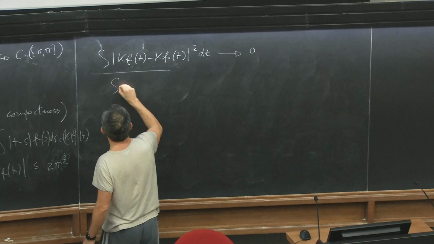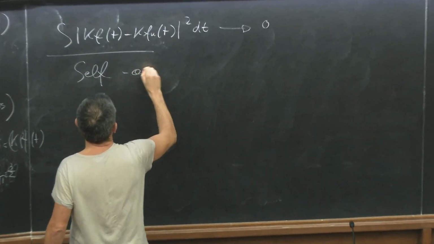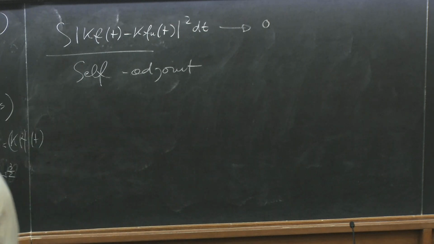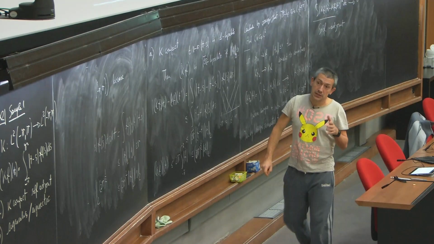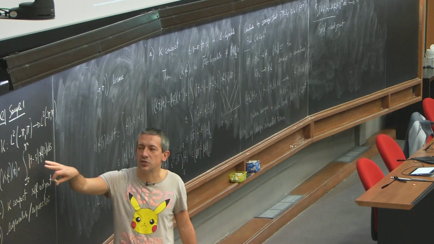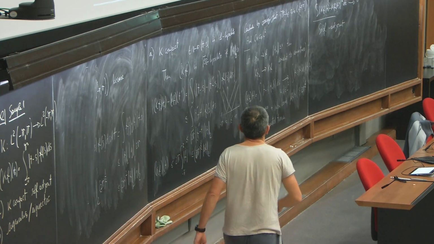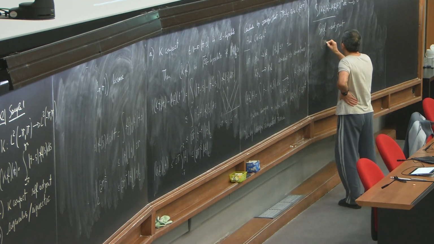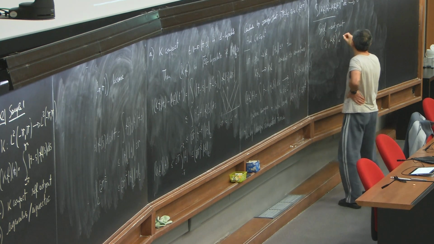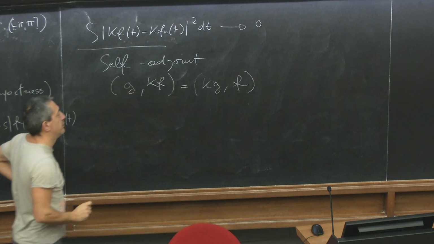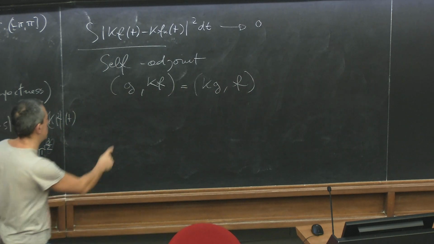So what do I mean by self-adjoint? Okay, this is a real operator. Well, it can be even complex, doesn't matter. Let's consider the real case, as in our case. So we need to prove that the scalar product in L2 of g and Kf is equal to that of Kg and f. So let's do that.